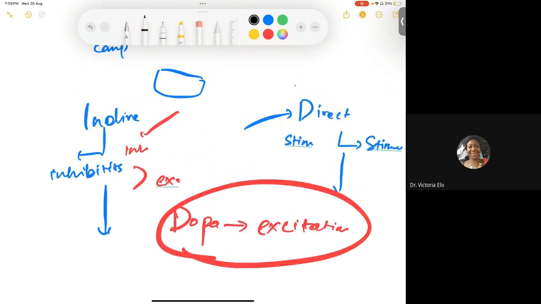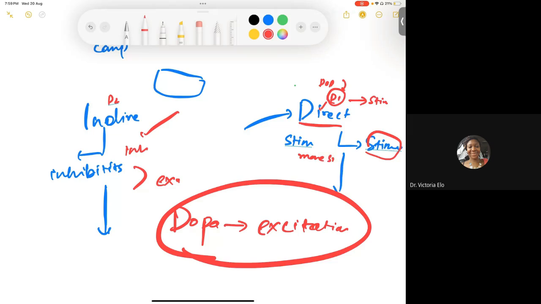Okay, so we have the D1 receptor here and the D2 receptor here. Whenever dopamine acts on the D1 receptor, it stimulates things. So in that pathway we have the D1 receptor and dopamine is dumped. This pathway is stimulatory in nature and I'm further stimulating it. So in the end, I have more stimulation, right?